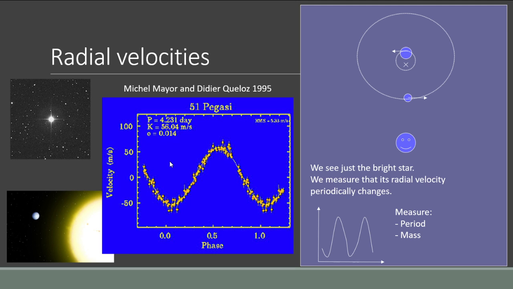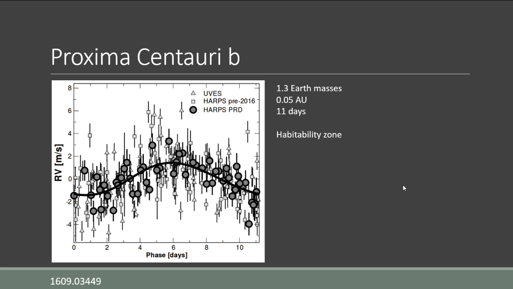So it helps to measure the whole variation during a very short period of time, during a week. And then you can have many repetitions to measure it more and more precisely and to understand that this is really due to a planet, not due to some pulsations in the star or something else. So that's the first discovered extrasolar planet.